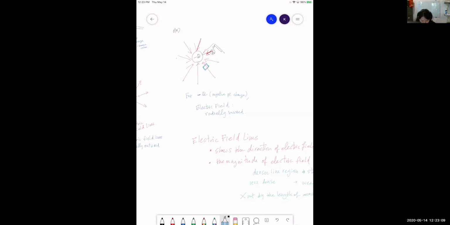Same sheet that's put here, you have it more dense, closer.